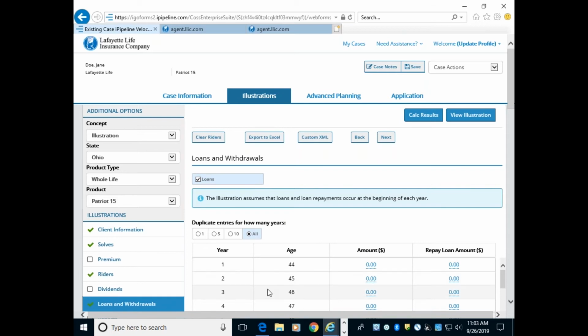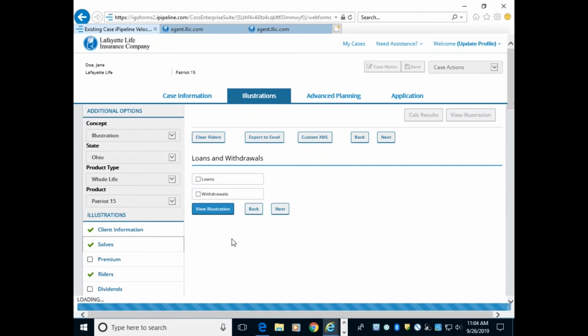So for instance, if you know in 3 years the client's going to be ready to pay off debt, and in that particular year they want to take one loan for, let's say, $5,000, you can just enter that amount in the column and the loan will show up on your illustration.